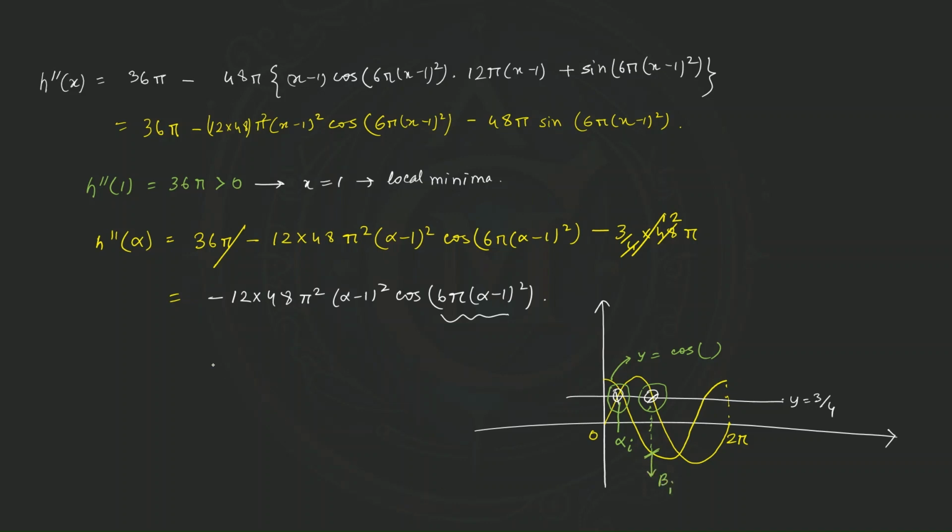So cos of alpha i is positive, which means this h double dash alpha will be negative. That means we have points of local maxima. And also when cos of beta i is negative, we have points of local minima.